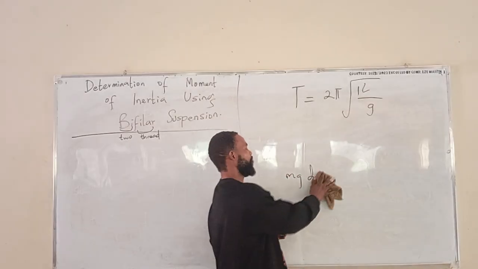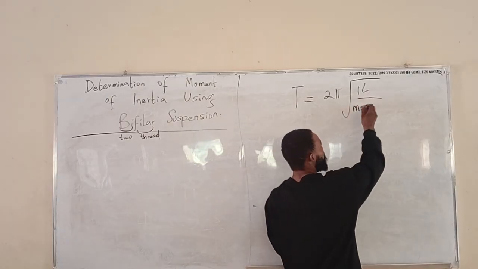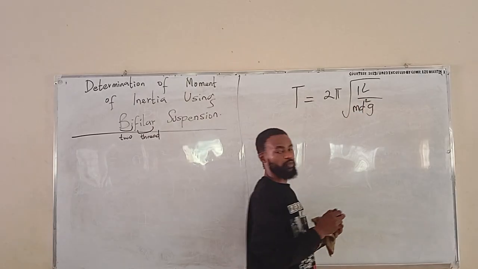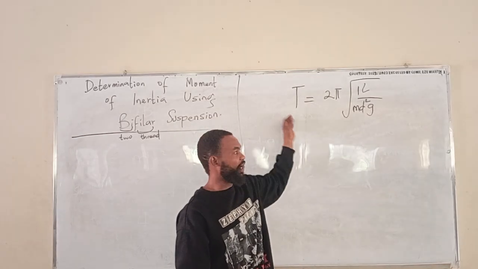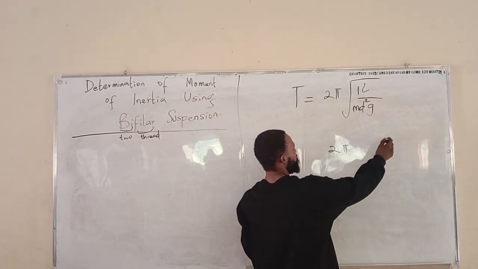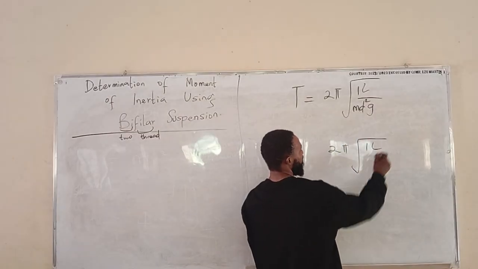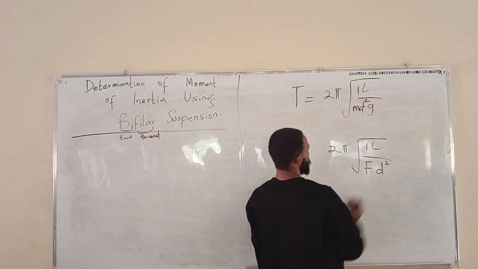So the idea I want you to think of is once you've written this, bring in mg and d, but now the d is squared. So for the equation for moment of inertia, it is simply 2 pi root IL all over mg d squared.